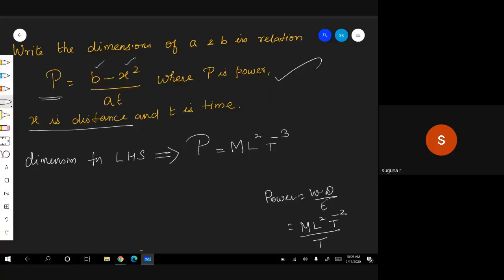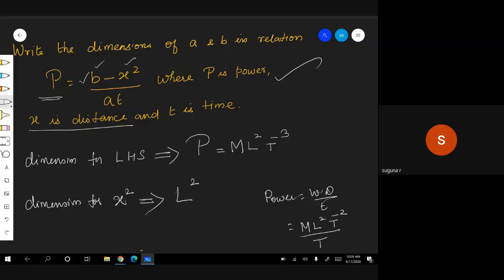X squared is nothing but distance squared. What is the dimension for X squared? L squared, because distance squared. L squared. Okay, so I am subtracting X squared from B.